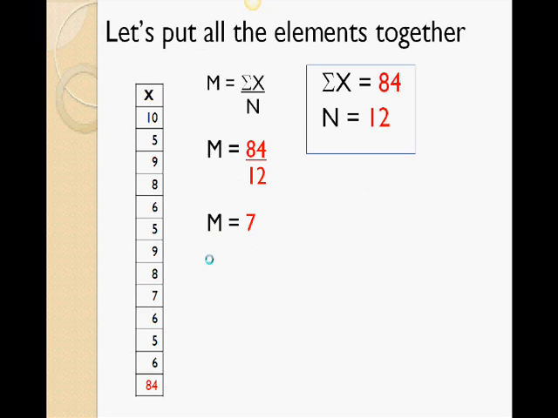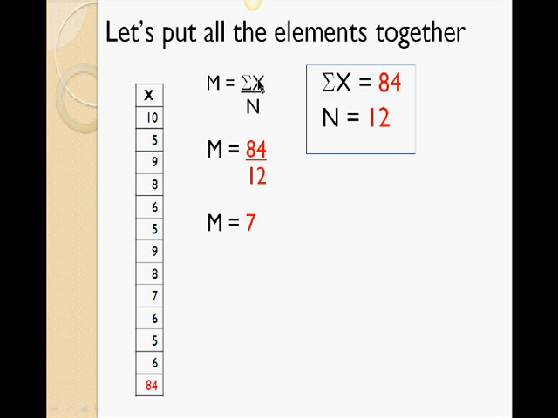Now if we put all of the elements together, one of the things that I recommend for any student in statistics, and in fact I do this myself when I'm doing computations by hand, is when you write out your formula and you know that you need these different elements in order to compute it, set up a box and put in the different elements you need to complete the formula.